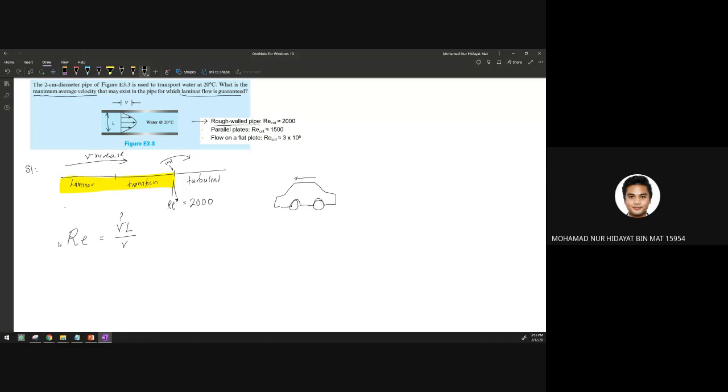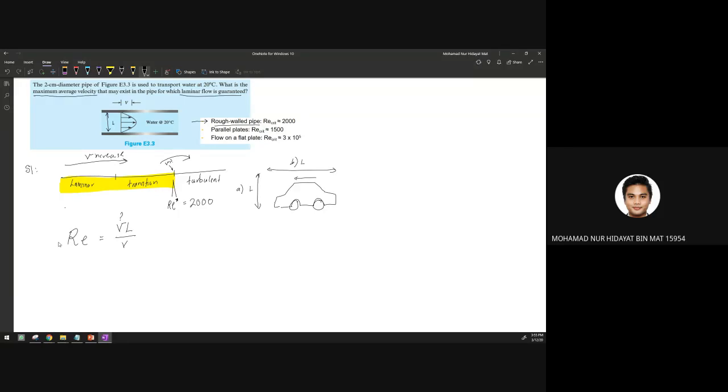So what is the L? Can you guess where the L is, the characteristic length? Is this the L or is this the L? A or B? Please comment there. What is the characteristic length for this case?